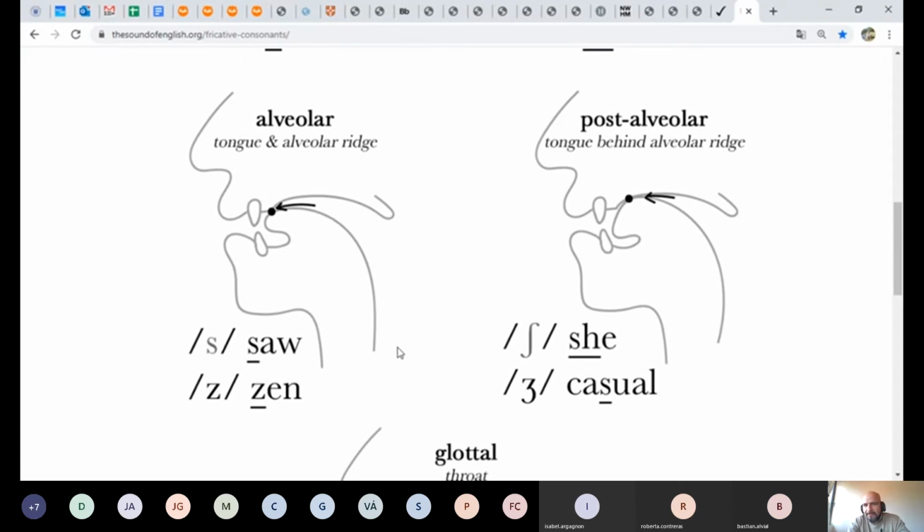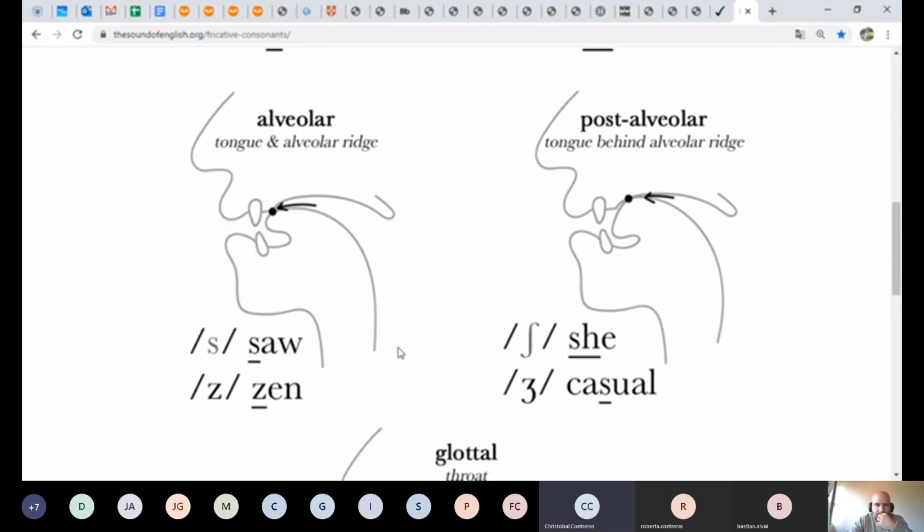Any other questions? Professor, teacher, the sound between zen and casual, I confuse them. Okay, let's focus on the left, please. It says alveolar, right?